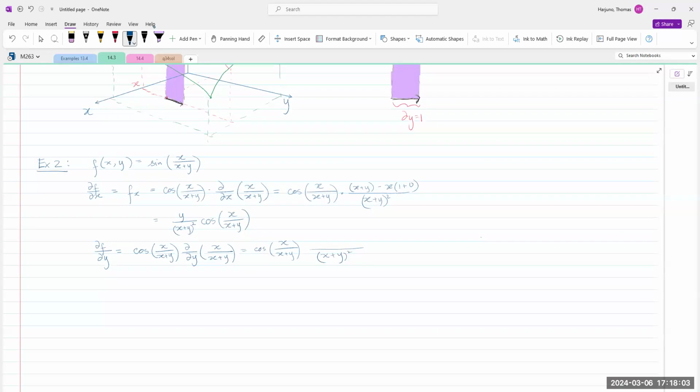And then the top will be, what is the derivative of x with respect to y? That will be 0 minus x times the derivative of x plus y with respect to y. That's 0 plus 1. Which if we simplify, we will get negative of x over x plus y squared times cosine of x over x plus y.